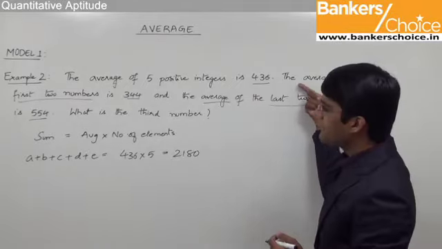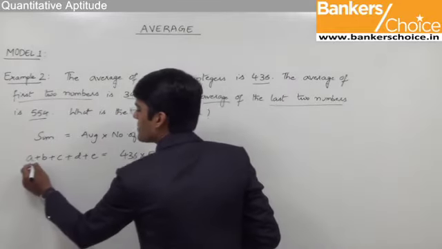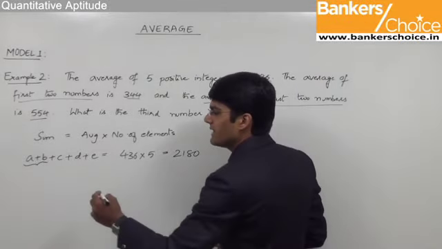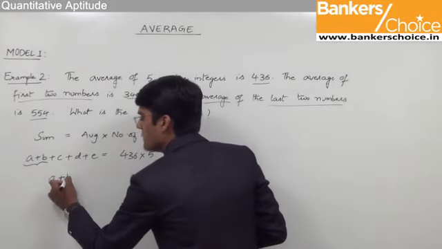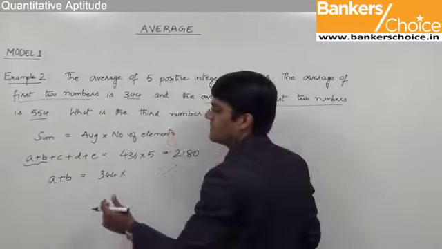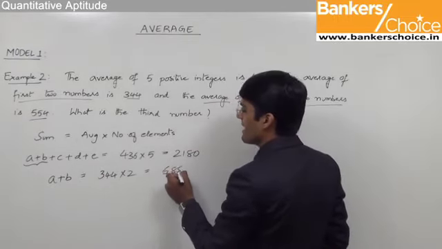We then know that average of first 2 numbers is 344. So let us assume the average of first 2 numbers A plus B is 344. So from that we can say that the sum of A and B should be average 344 into the number of elements, that is nothing but 2 elements here, which will be equal to 688.